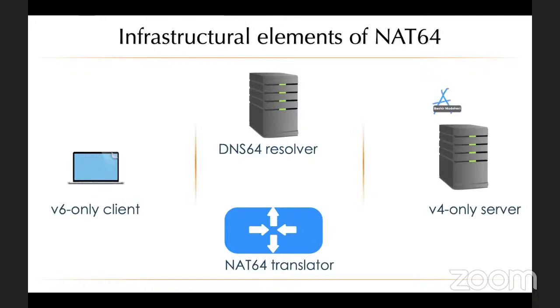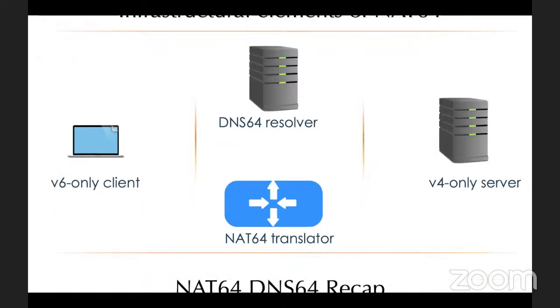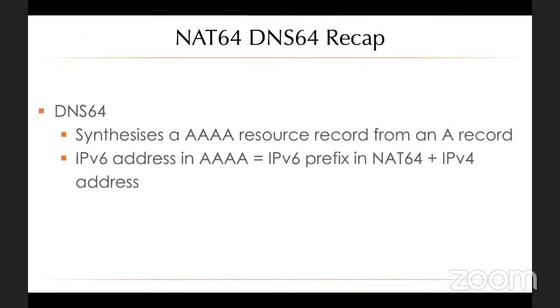In terms of DNS, it will have an A record pointing to 192, blah, blah, blah, an IPv4 address, right? So for us to ensure that this v6 only client talks to this v4 only server, we need to sort of play tricks on it, or fool it by using DNS64.